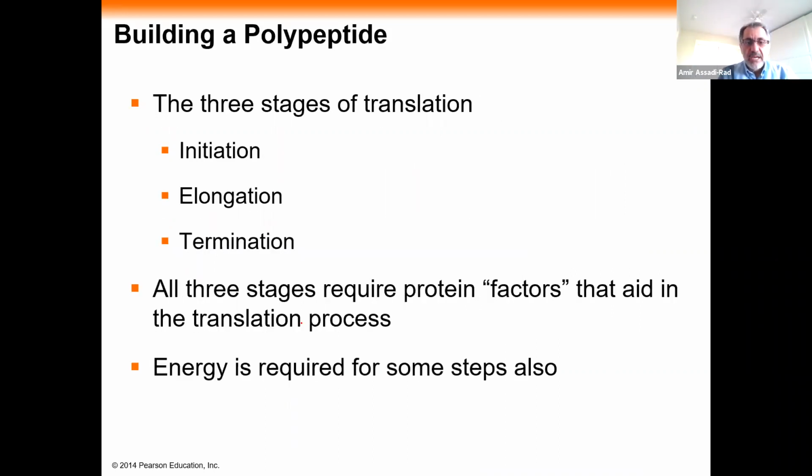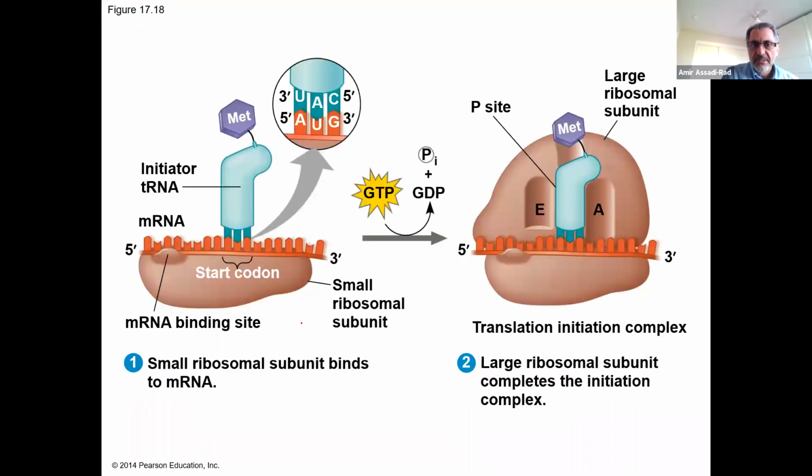Building of a polypeptide has three steps: initiation, elongation, termination. All three stages require protein factors that aid in the translation process. Energy is required for some of the steps, like here, GTP becomes GDP, that's equivalent to 1 ATP. We already talked about it at the beginning of the semester.